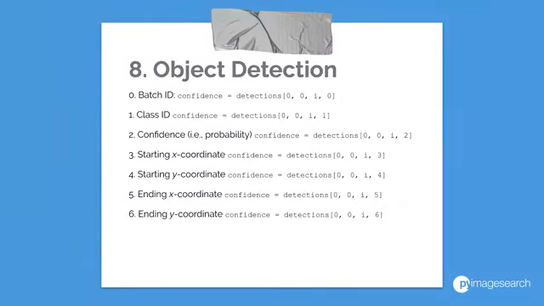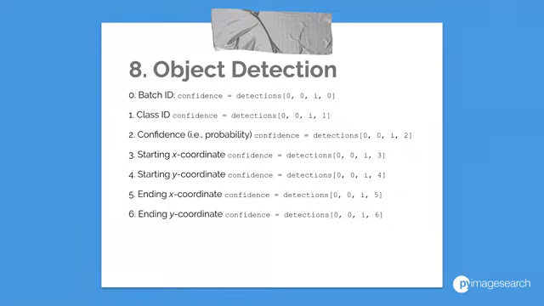The 0th index, because again, Python is 0 indexed, is your batch ID. So the ID of the batch itself that goes into the model. You pretty much always ignore this value in your OpenCV object detections unless you have a very, very good reason to need the batch ID. I typically don't have to worry about that too much, so likely you won't have to either. The first index value is your class ID.